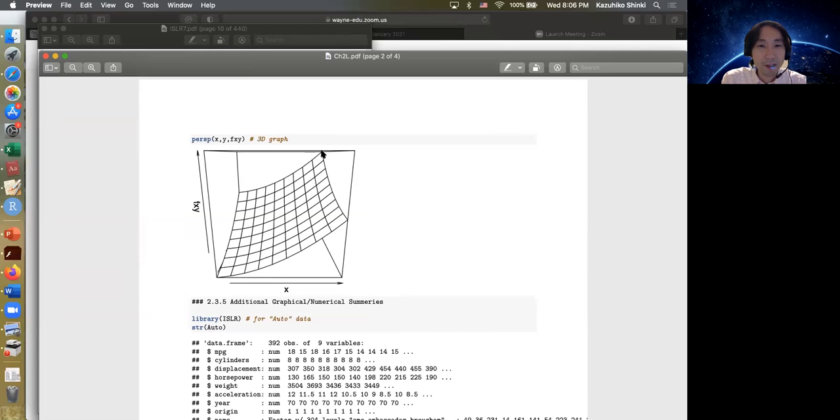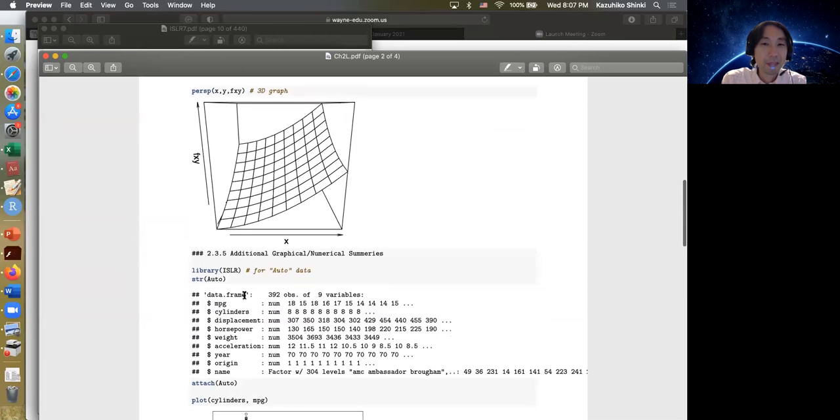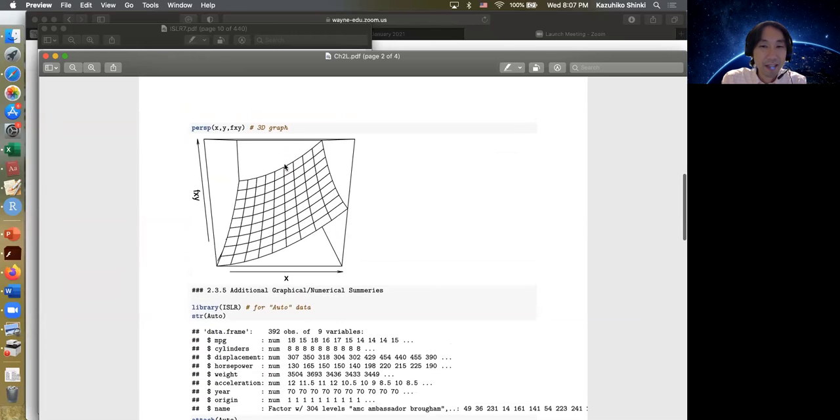So this is 200, and this is 181, 164, and this is 100. 1 squared is 1, so this is 1, 1. This is 4, probably. So you can see the surface here. It's a beautiful lattice.